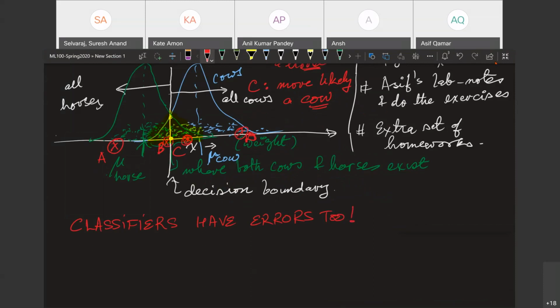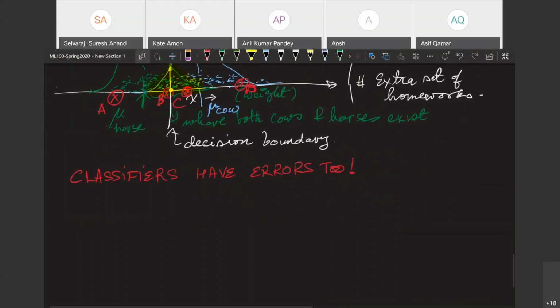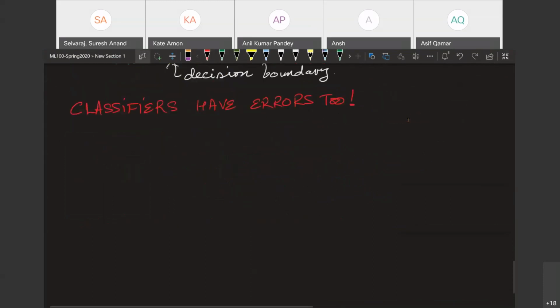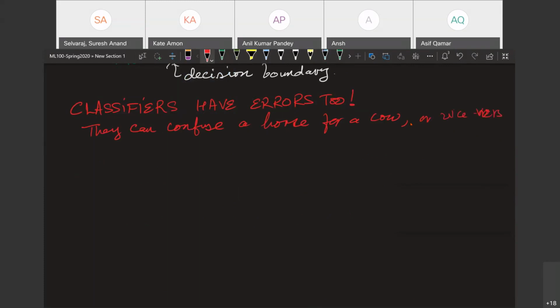So what can happen is the classifier may confuse a horse for a cow, or vice versa. They can have a cow as a horse.